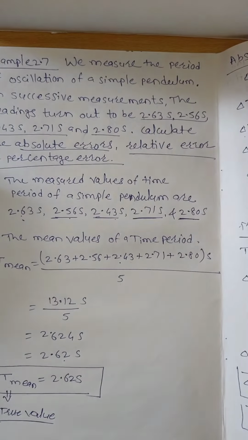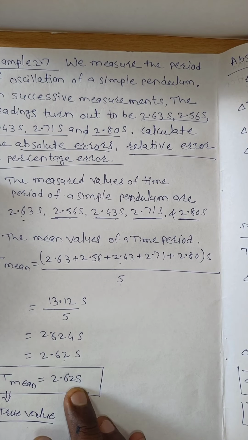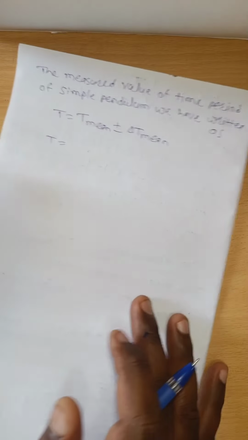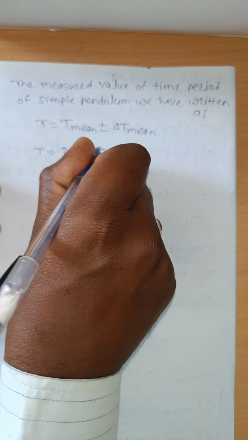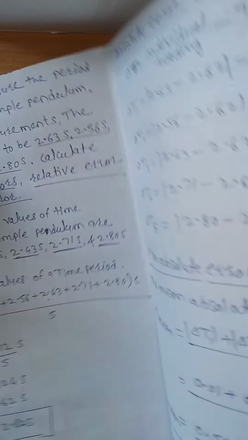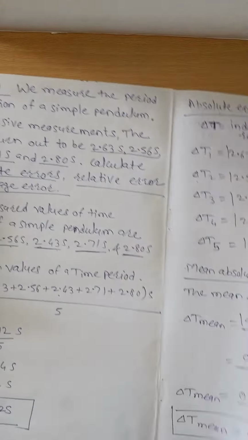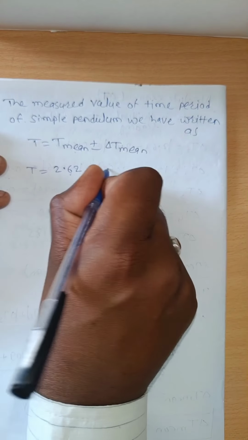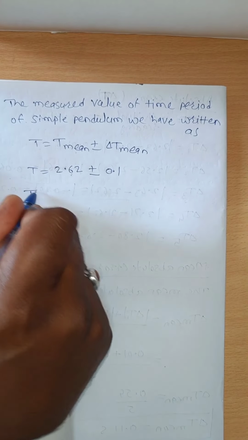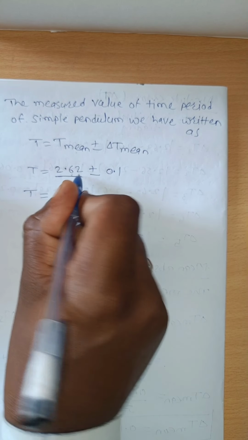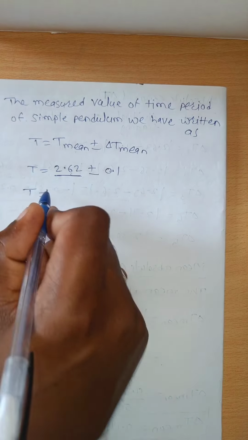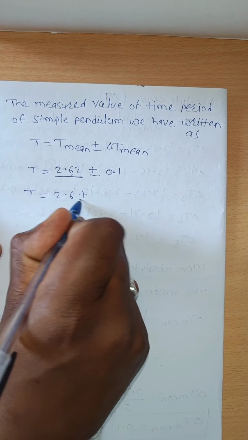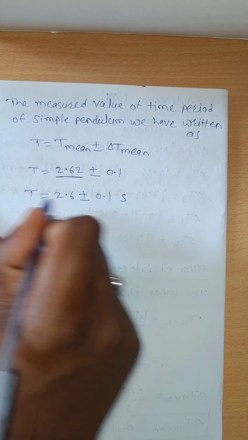What is the t mean value? T mean value is 2.62 seconds, plus or minus delta t mean, which is 0.1. We approximate these values and write t equals 2.6 plus or minus 0.1 seconds.